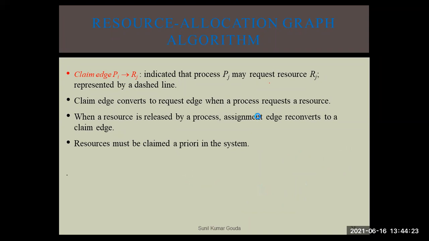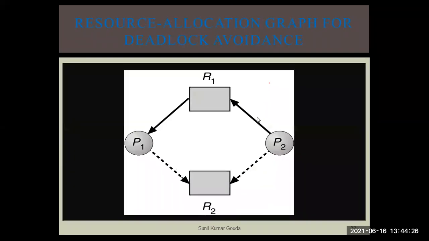Now we will use this claiming edge. You can see in this slide, what are my claiming edges? Can anyone identify what are my request edges and what are my claiming edges? A claiming edge says that in the future, to complete its task, the process may request this resource.